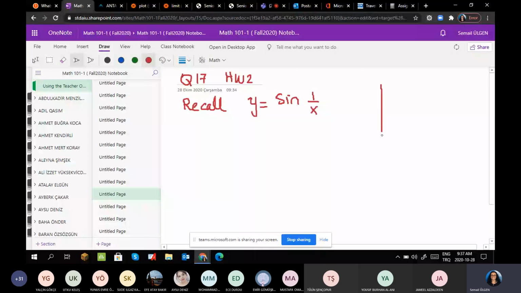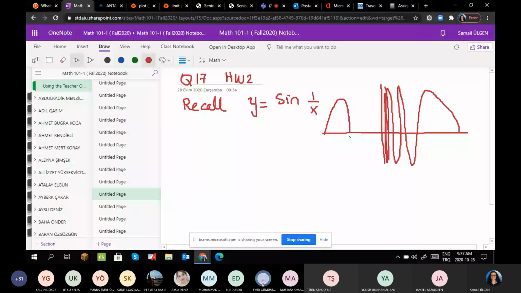It's a function going up like this, and as it gets close to 0, it's going up and down. Similarly from the left, it gets close to here but goes up and down. It oscillates infinitely many times as x approaches 0.